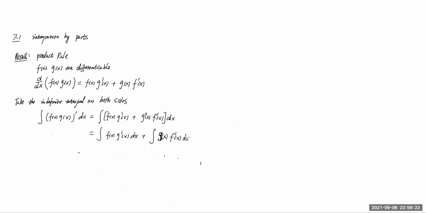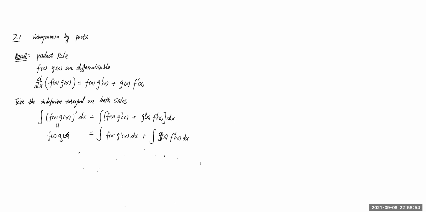So what's the left hand term? By the fundamental theorem of calculus, part 2 or part 1, or just by the definition of antiderivative, this is equal to f(x) g(x), right?